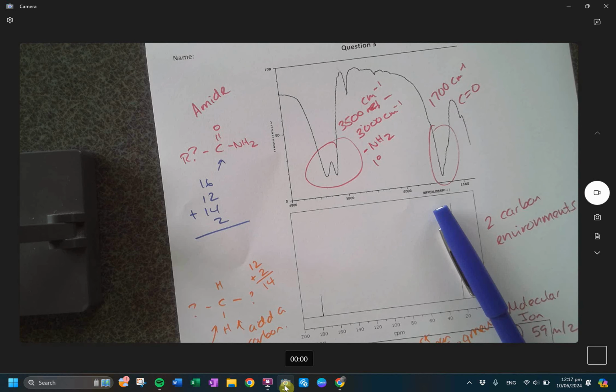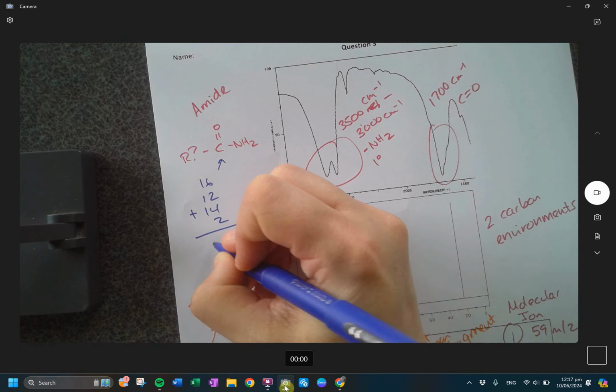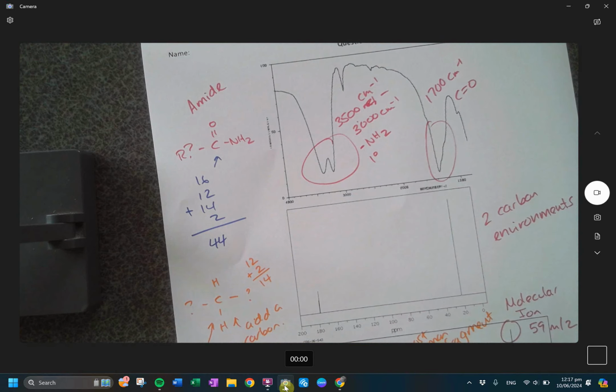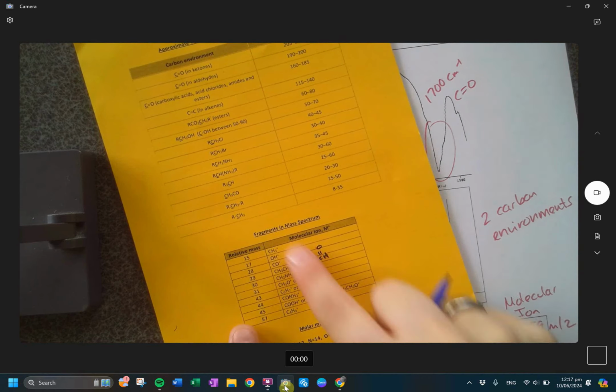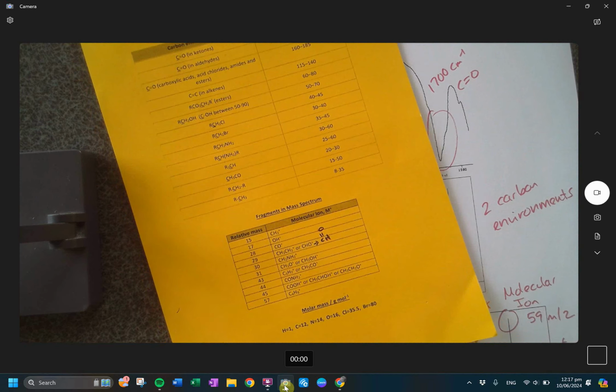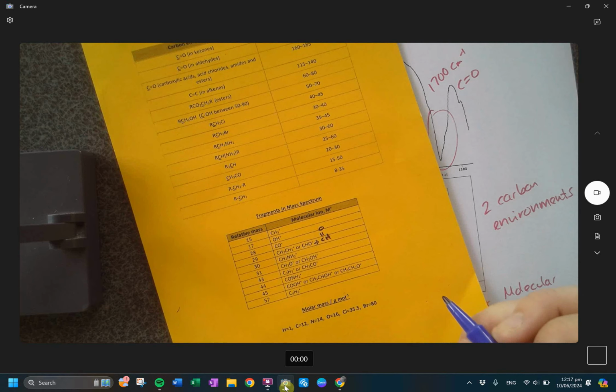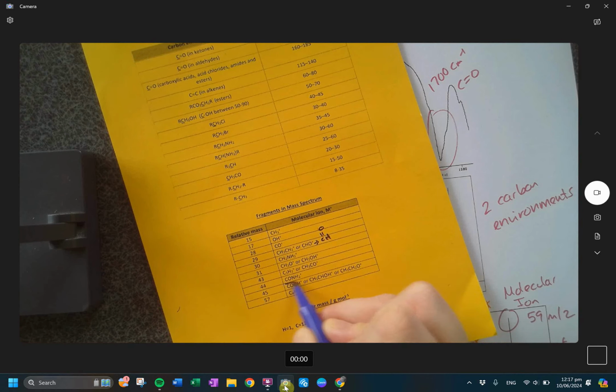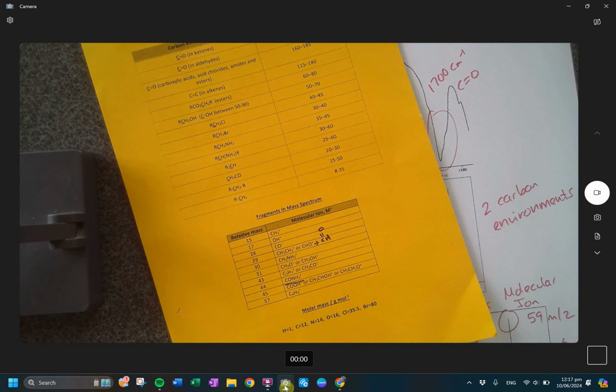Did I do that right? 16, 12, yeah, 44. Fun fact, I have given you a shortcut over here. There are some common fragments and their sizes, and you can see here that I have given you 44. That is an amide fragment.